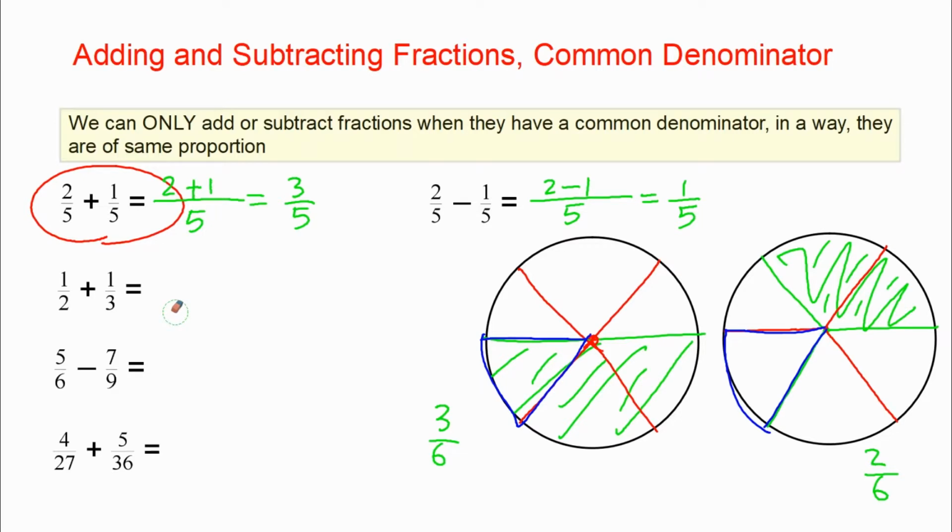We need to create a common denominator between 1 over 2 and 1 over 3. The denominator of 1 over 2 is 2, the denominator of 1 over 3 is 3, and the denominator is the one at the bottom of the fraction.